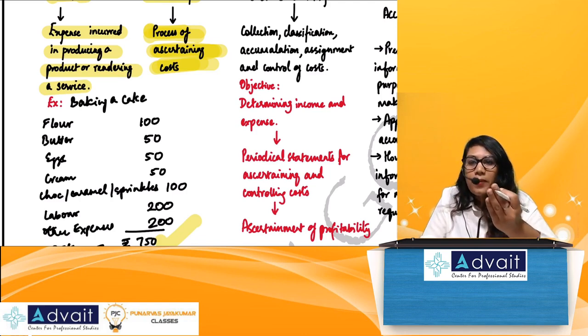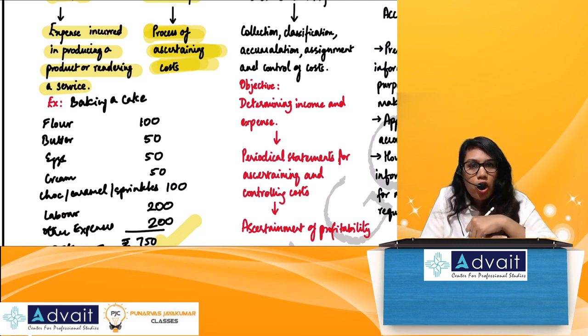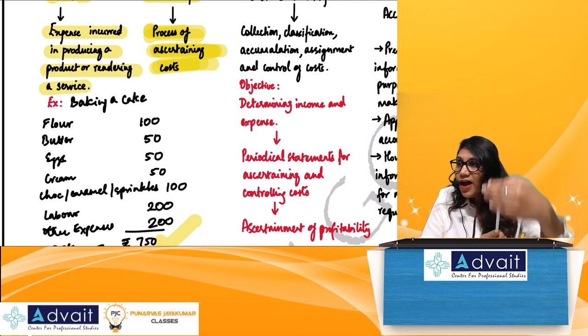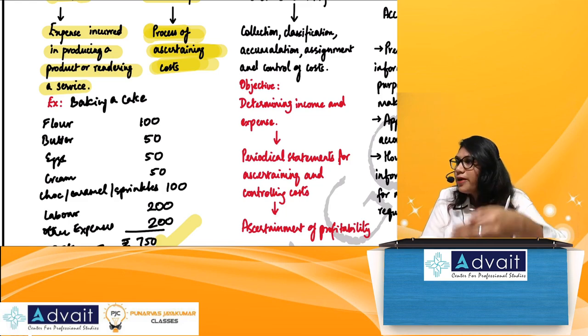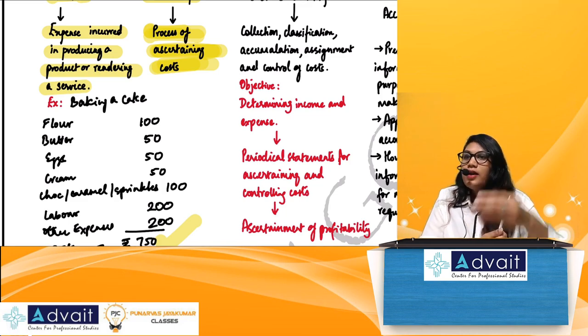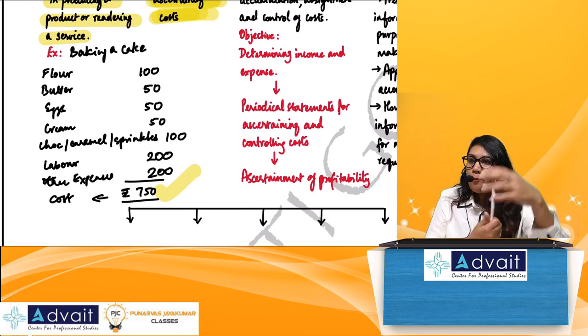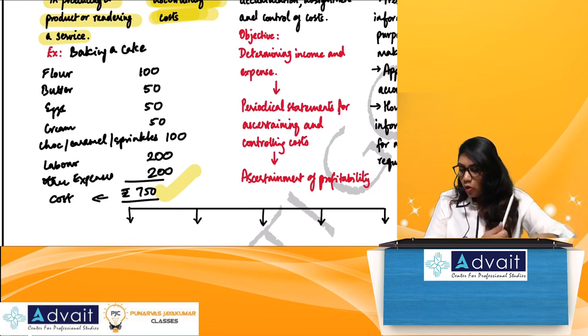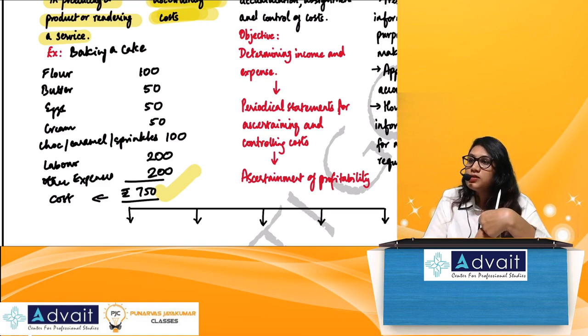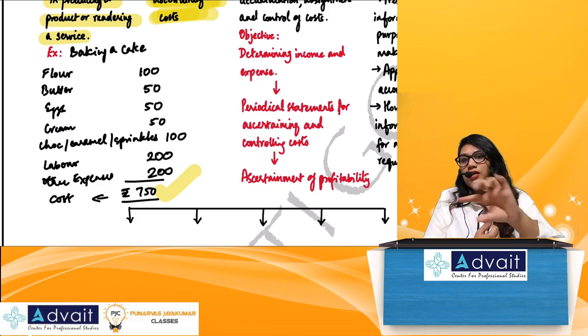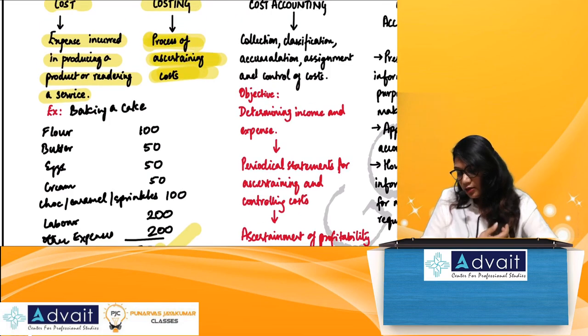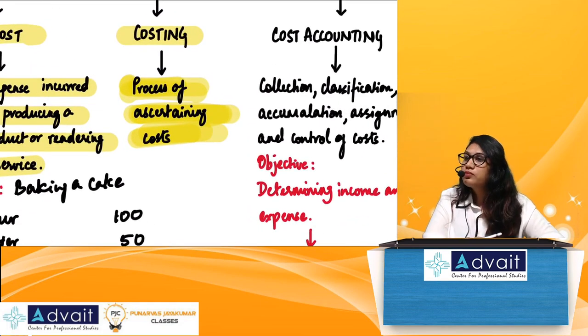Obviously, I would have seen a bill. Only then I would have gotten to know. So like that, I would have had a separate bill for flour, a separate bill for butter, correct? Separate bills for wages. So when I put everything together, only then I will arrive at 750 rupees. So the process of ascertaining that cost is called costing. So nothing to write here. Correct?